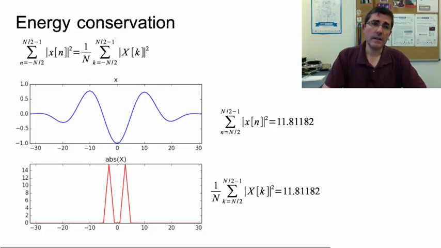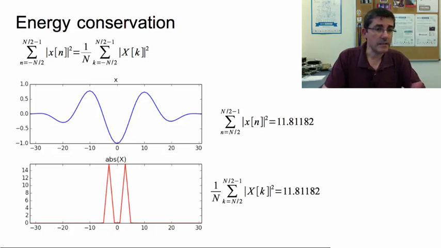Okay, so let's start. The property of energy conservation relates with the idea that the energy of a signal, both in the time domain or in the frequency domain, can be measured in the same way, and it's basically the same. So we can either compute energy in one domain or the other.